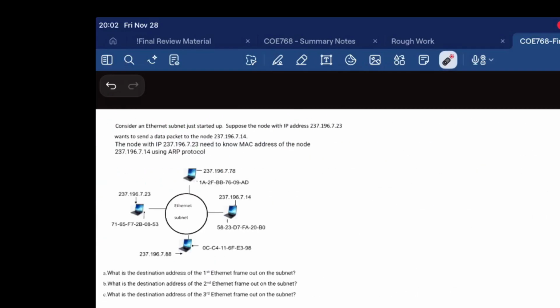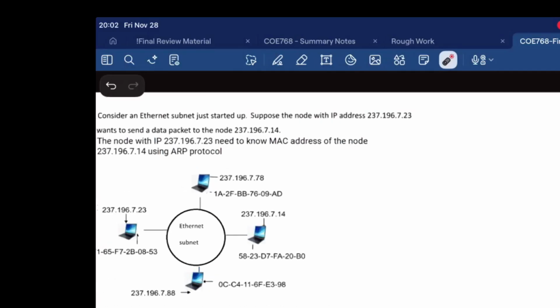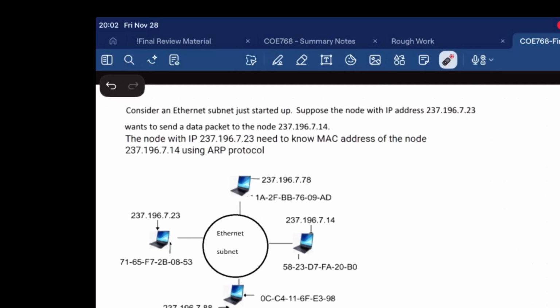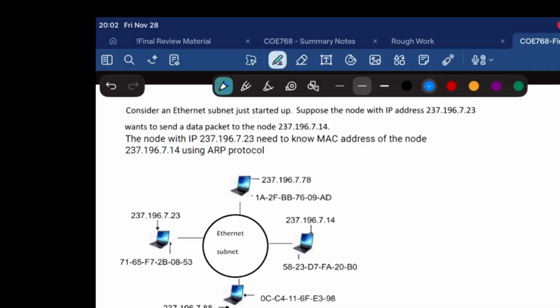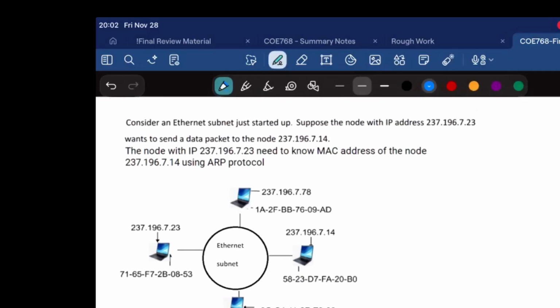Okay, moving on. So consider an Ethernet subnet that just started up, and suppose a node with the listed IP address wants to send a packet to the destination IP address.